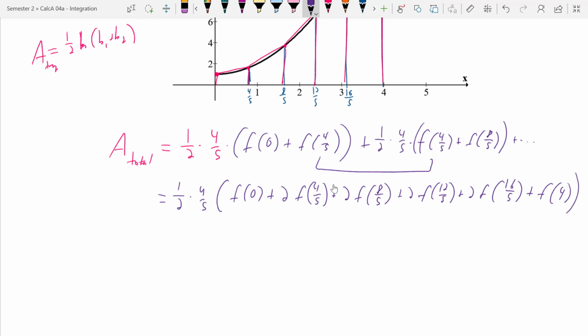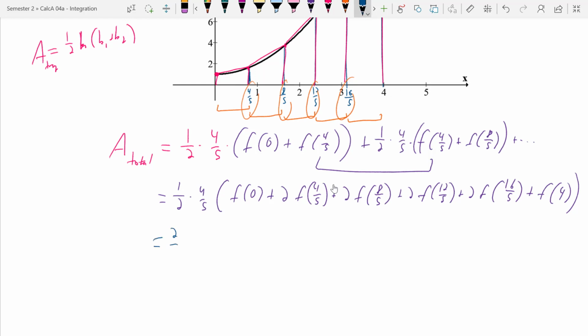The last one gets added once because if I look at how I take the trapezoids, this is one trapezoid, this is another, that's another one, that's another one. In those widths, your middle numbers get added twice because they're part of two different pieces, whereas your outer numbers get added once.